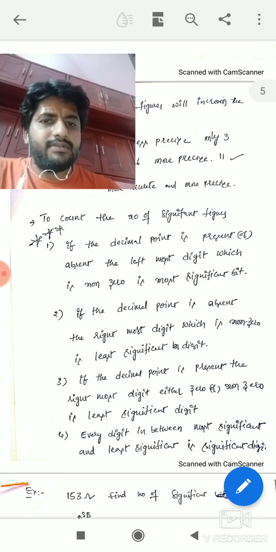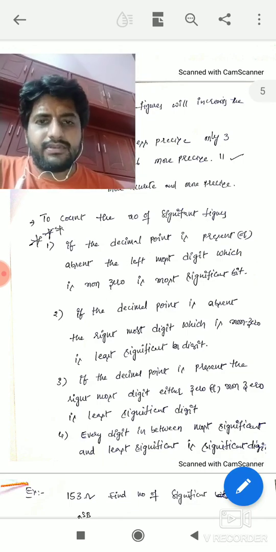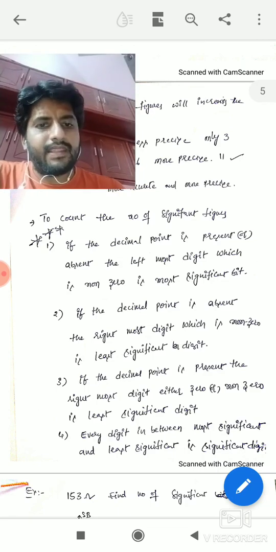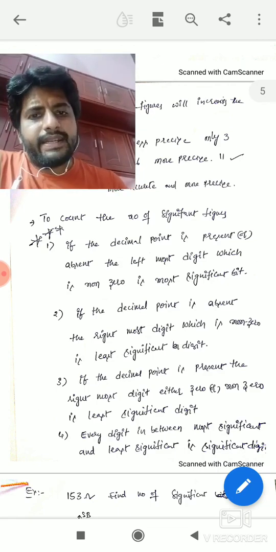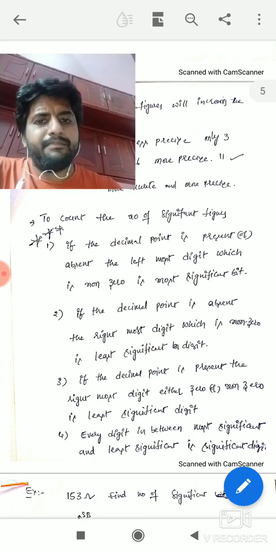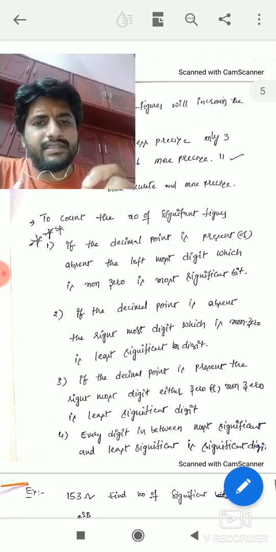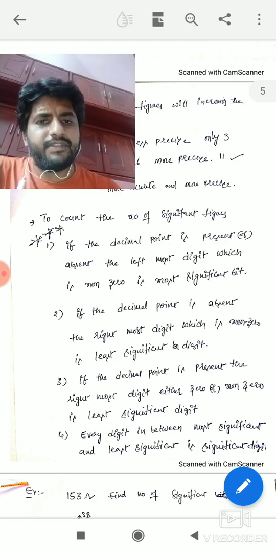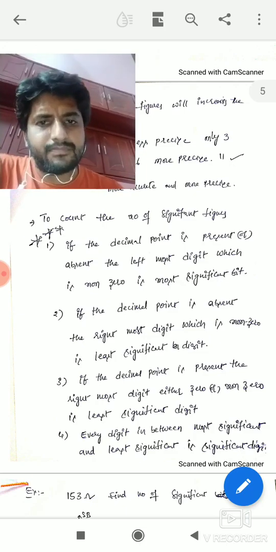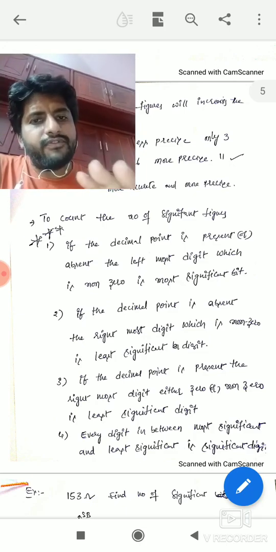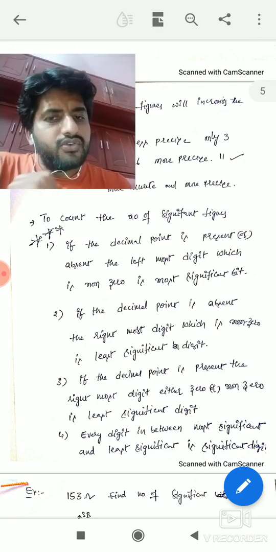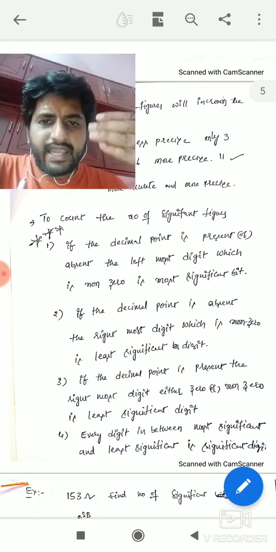First I will read the rules and I will explain with an example, so you can clearly understand. They will give some number, and with it we'll explain how much precision it has, which one is more precise. So first, you have to find the number of significant figures. In order to find it, we have some rules.